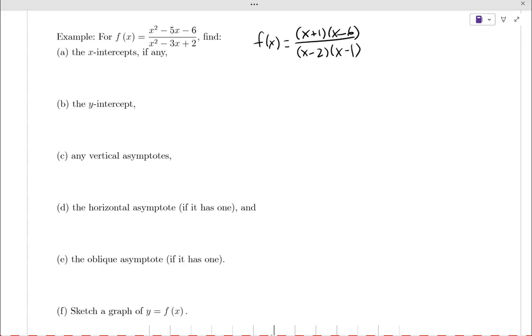When the top is 0, right? That's when a fraction is equal to 0. This is why I said factor at first. Looking at the factored form, when's the top equal to 0? Negative 1 and 6, right? So to figure out the x-intercepts, again, we'll set the numerator equal to 0, the top equal to 0, and get negative 1 and 6. So your x-intercepts are negative 1, 0, and 6, 0.